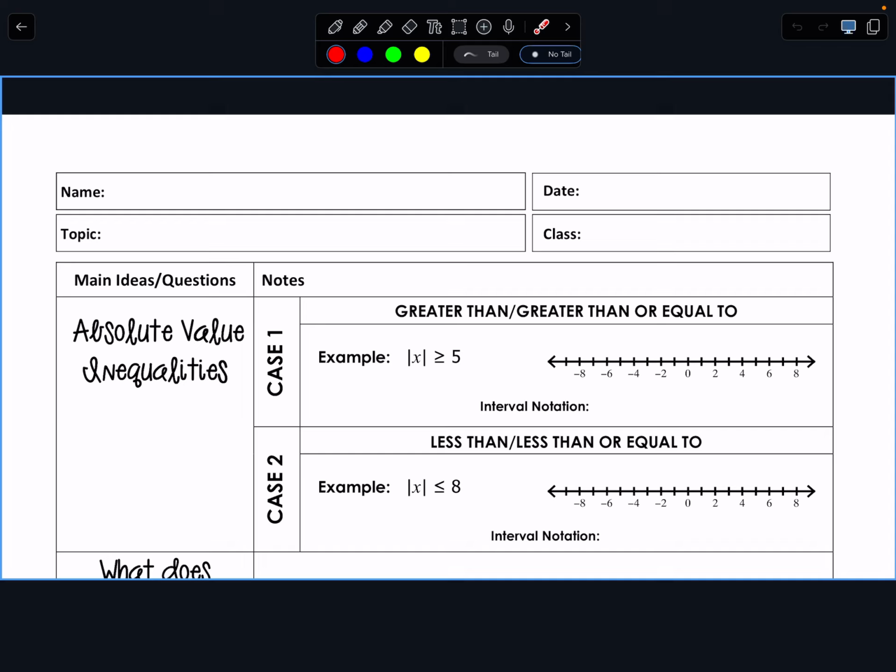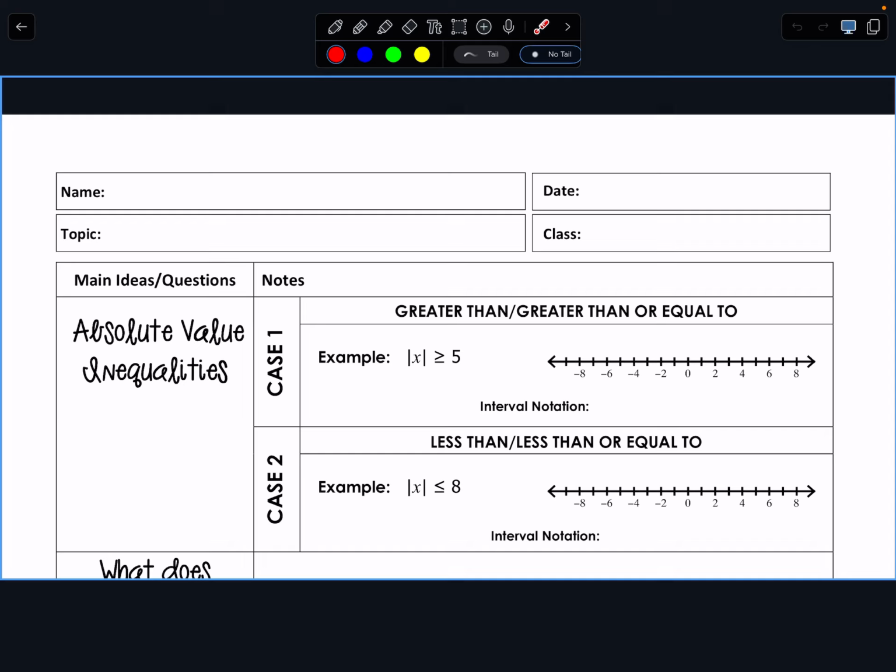But when I solve for what's inside the absolute value, I have two situations. I have one when the inside of the absolute value is positive, and then I have the other case where the inside of the absolute value could be negative, but the absolute value bars turn it into a positive. So it's a two-step process when you solve these.